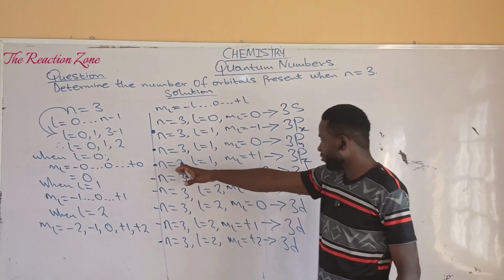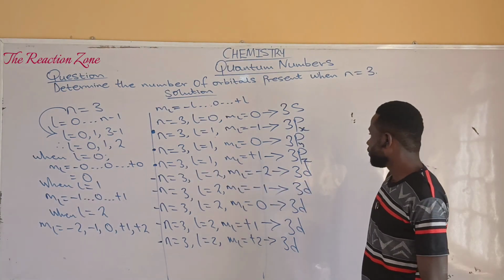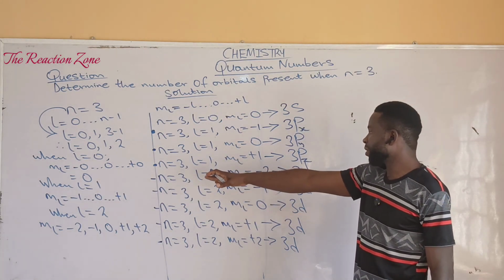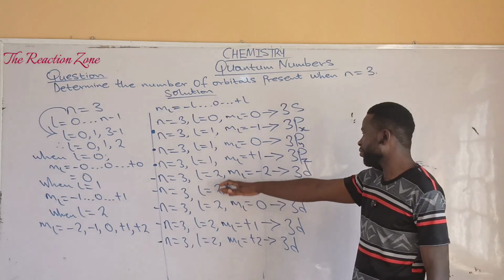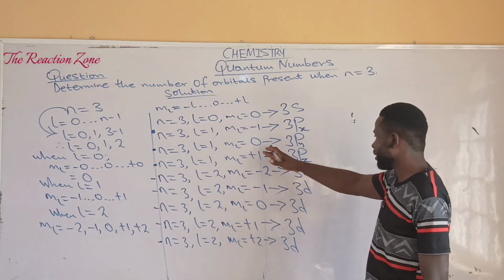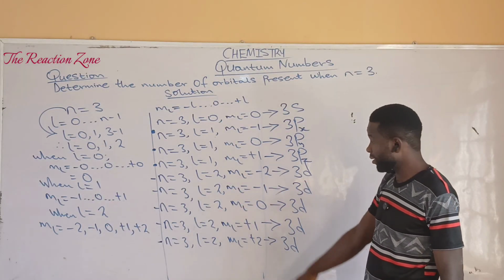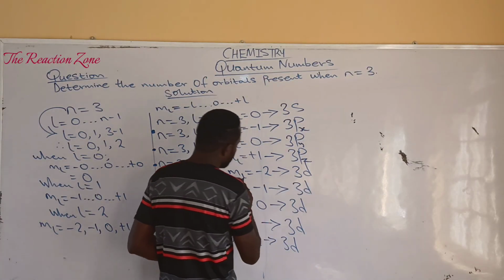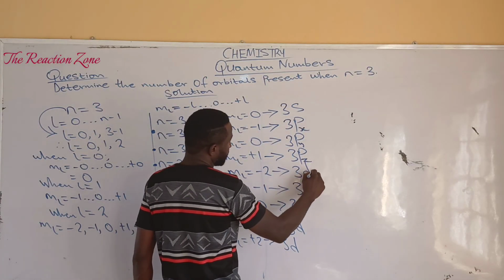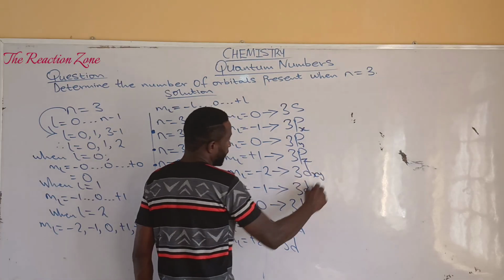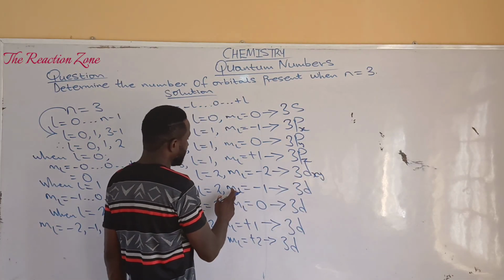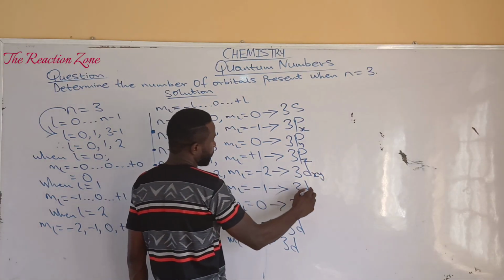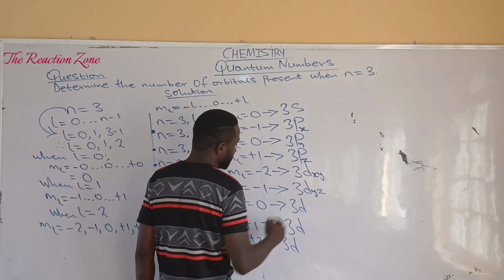Now, for the next 5, their principal quantum numbers and orbital quantum numbers are the same, their magnetic quantum numbers are different. For the first one, where ml is equal to -2, this is the dxy orbital. For the next one, where ml is equal to -1, this is the dyz orbital.